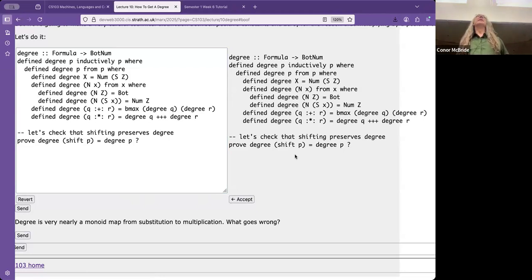We remember that the type formula has numerical constants, including 0 and 1, and it's got syntax for adding, and it's got syntax for multiplying.